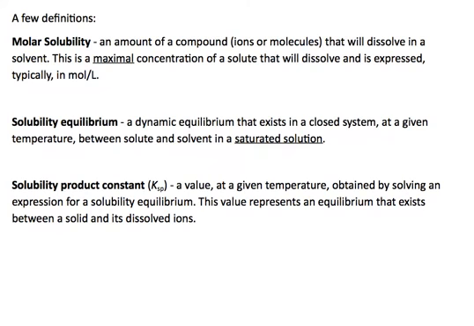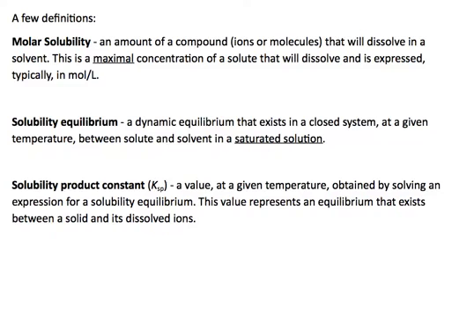A few definitions to begin with. Molar solubility is the amount of compound that will dissolve in a solvent. This is the maximal concentration of the solute, usually expressed as moles per liter. It's like a concentration, but for a saturated solution. Solubility equilibrium is a dynamic equilibrium that exists in a closed system at a given temperature between solute and solvent in a saturated solution.